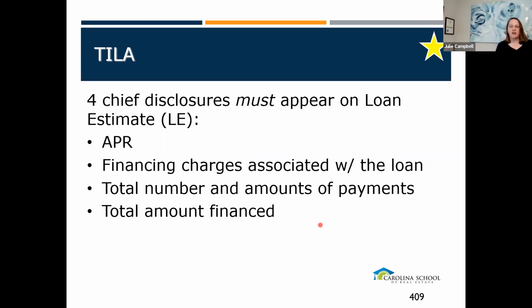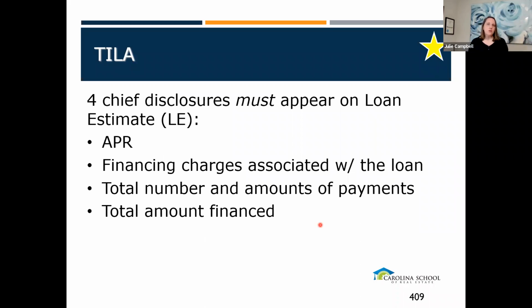They got to be provided to the consumer. So when a lender is advertising the loan, we're going to discuss something in just a minute called a trigger term. And if a trigger term is hit, the lender has to provide all the information about the loan.